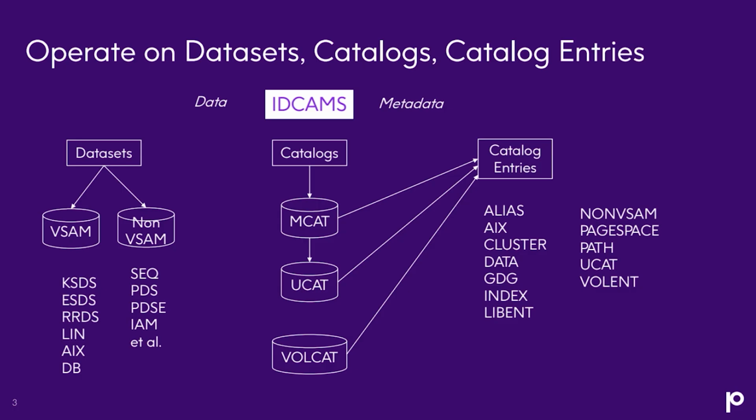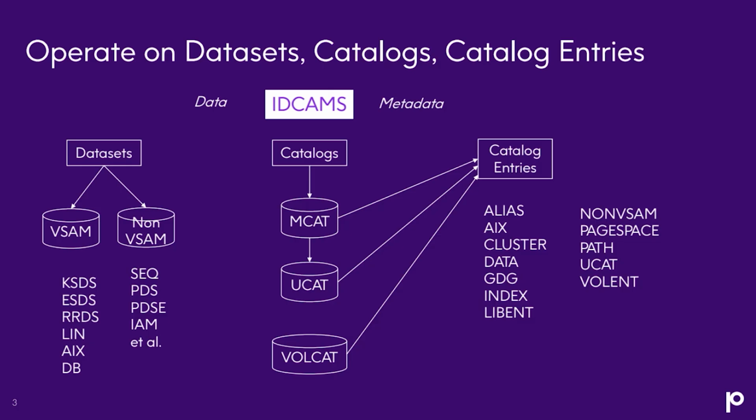IDCAMS has a very wide range of operation. It'll operate on data sets, or on catalogs or catalog entries. It's designed to manipulate data and the data about data, the metadata. So we can use IDCAMS to create or update VSAM data sets. And when we do so, we very often tell it what sort of VSAM data set we are interested in.